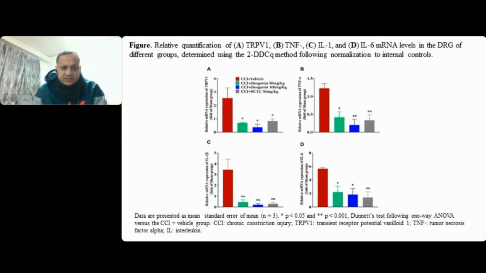We found that in the CCI model, TRPV1 expression increased and the treated group decreased significantly. Also the pro-inflammatory cytokines were reduced.